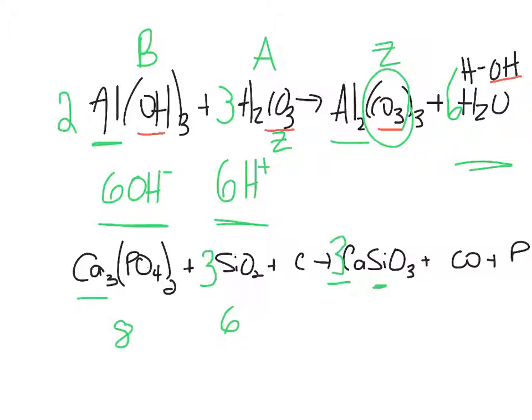So how many do I now have in this first compound on the right? We're still doing oxygens. 9. How many more do I need? I've got 8 plus 6, 14 over here. I've got 9 here. How many more do I need to get 14? I need 5. So I'm going to put a 5 here. Now, I've got 14 oxygens.